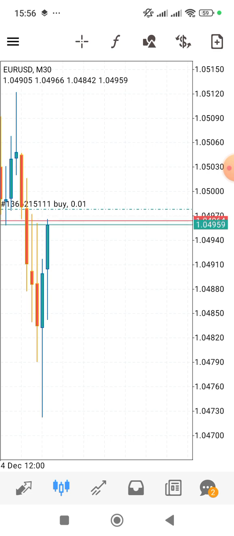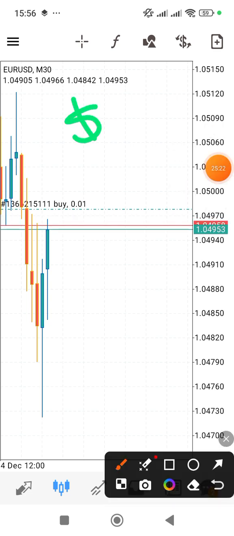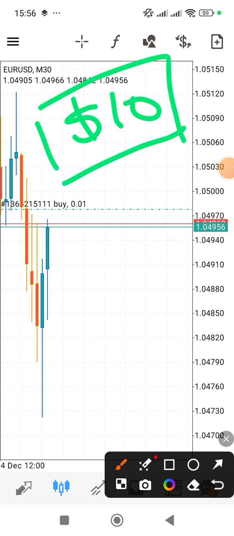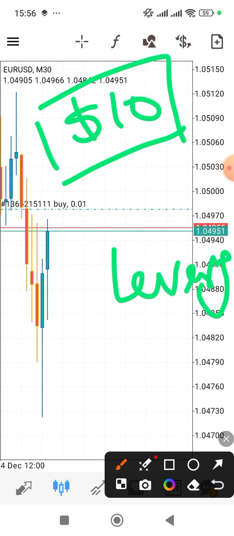You have leverage. Leverage is a technique whereby you trade with more capital than you have. So you have $10. Usually you cannot trade the forex market with an amount this small, but today people are using $10, $5. It is because your broker gave you what is called leverage.